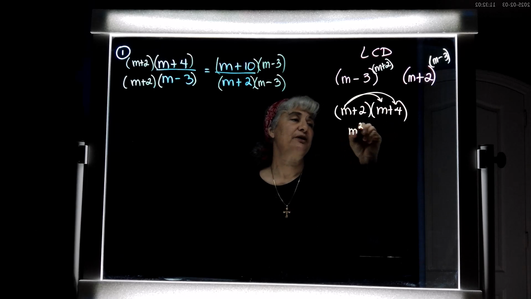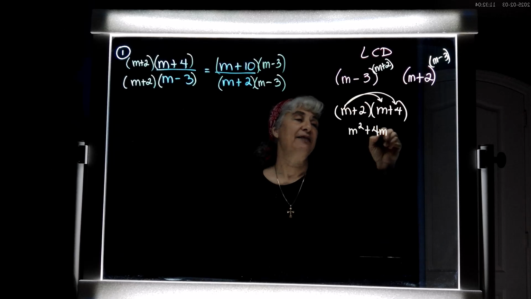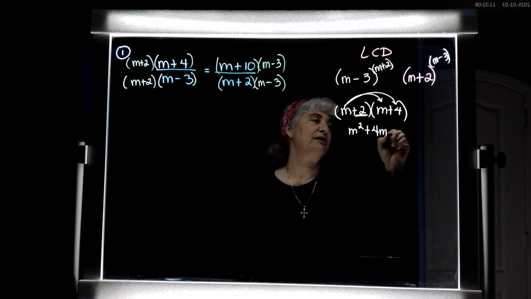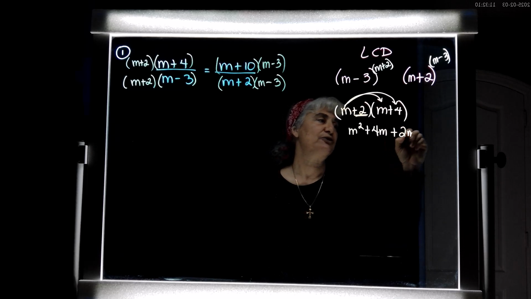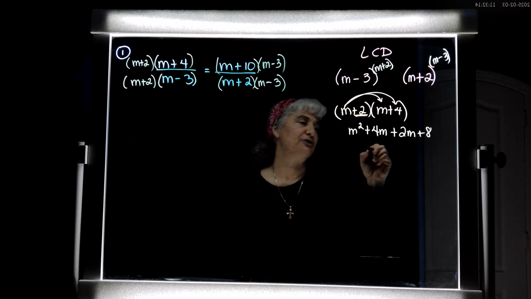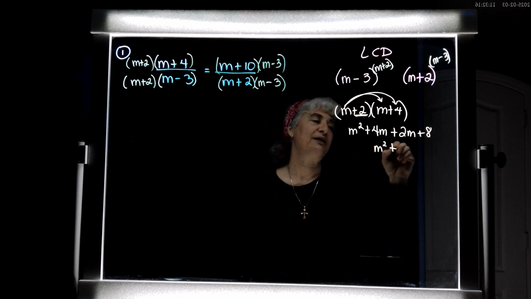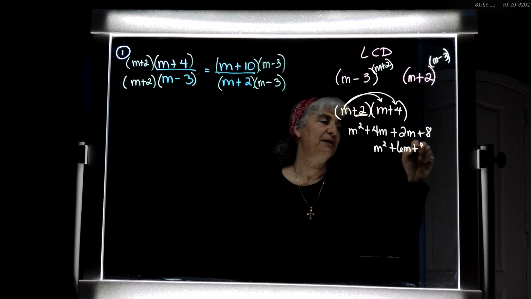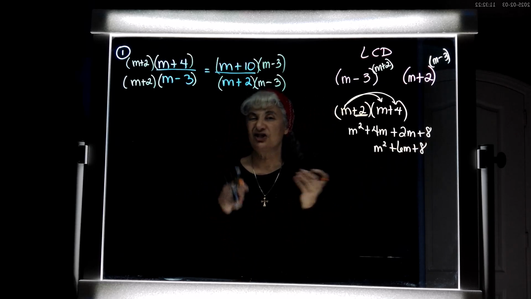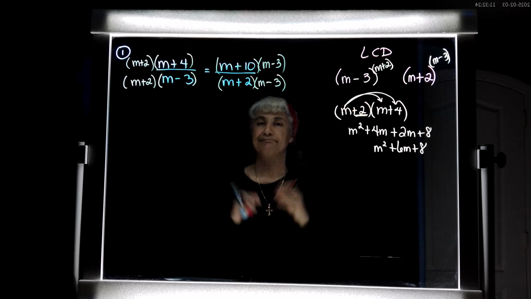So we'll have m squared plus 4m. And then the second term in the first parenthesis gets distributed to everything in the second parenthesis. So 2m plus 8. Good? Excellent. You're like, yeah, I remember this. You know what? That's a big plus, because the more you remember, the easier the problem becomes, and you just need a little tweaking here and there.